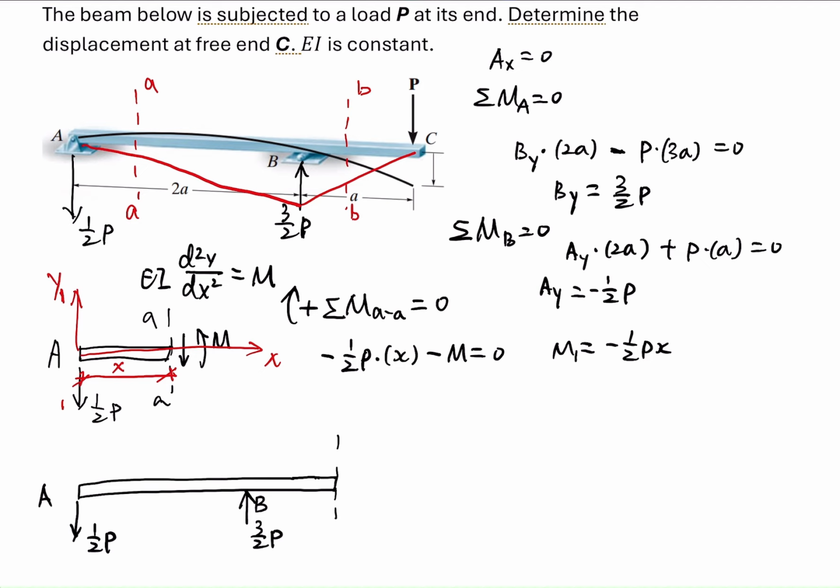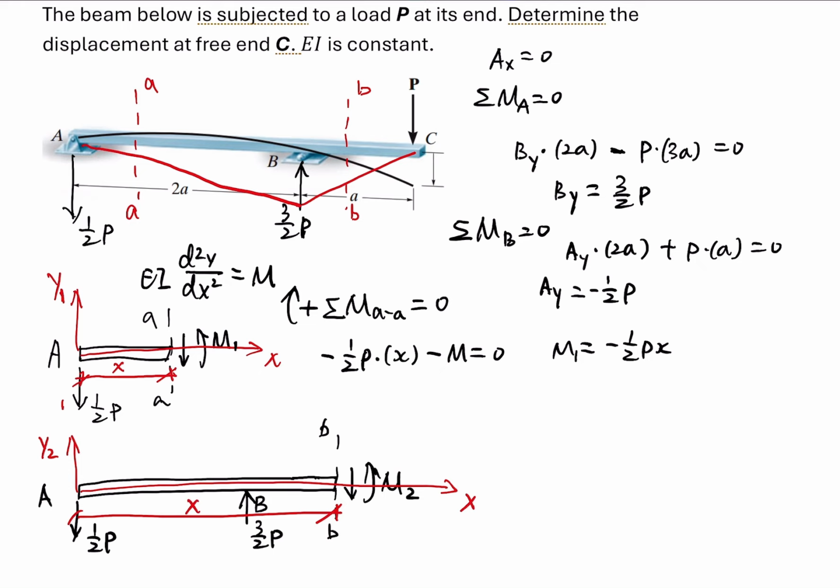On this cutting section B to B, we have a shear force and a bending moment M2, while here is M1. Similarly, we need to draw the coordinate system: this is x, this is y2, to differentiate from y1. The distance from here is x.